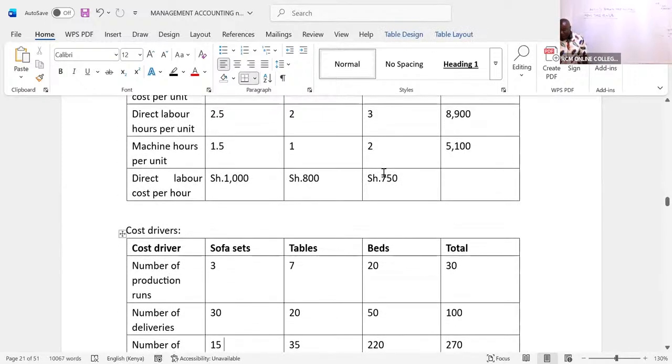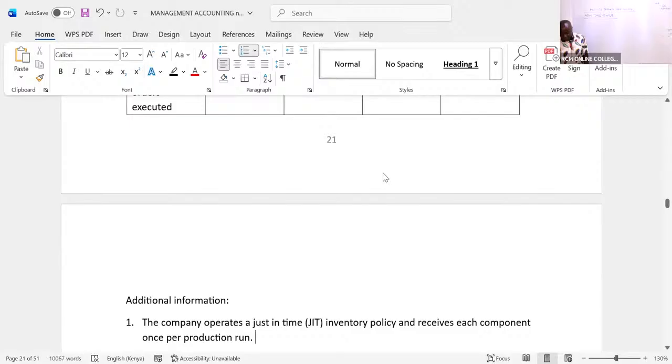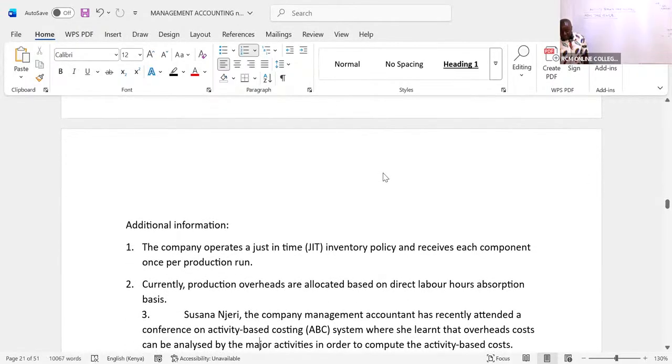So then they have given me cost drivers. When I see the word cost drivers, I know they're going to test me on issues to do with activity-based costing.